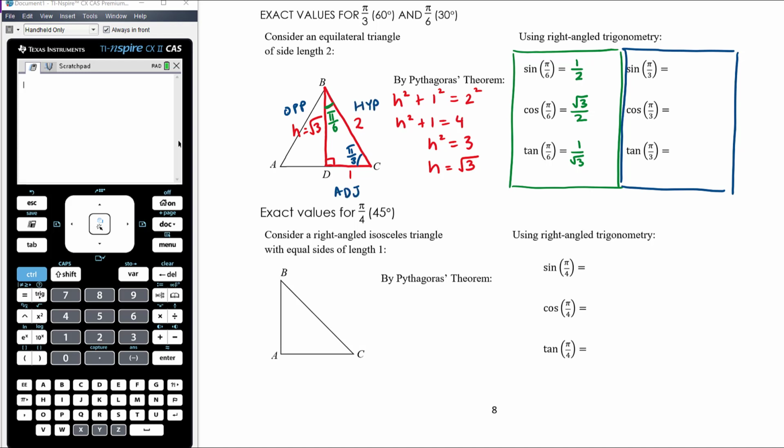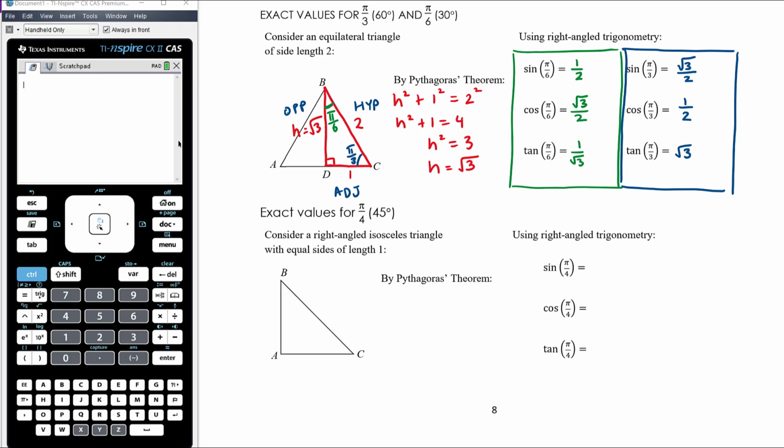So sine of pi on 3 is opposite over hypotenuse, which in this case is √3 on 2. Cos of pi on 3 is adjacent over hypotenuse, which is 1 on 2. I said pi on 6 earlier, I meant pi on 3, sorry. And tan of pi on 3 is opposite over adjacent, which is √3 over 1, so just √3.